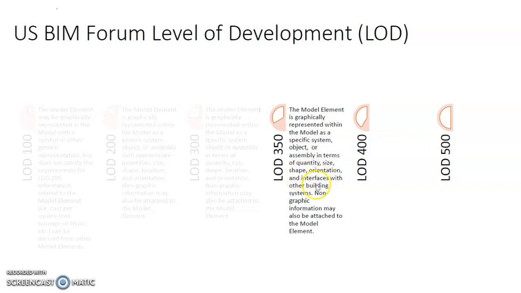And now it will interface with other building systems. The keyword is that compared to LOD 300, LOD 350 will show the interface with other building systems. And just like LOD 300, you can attach non-graphical information.